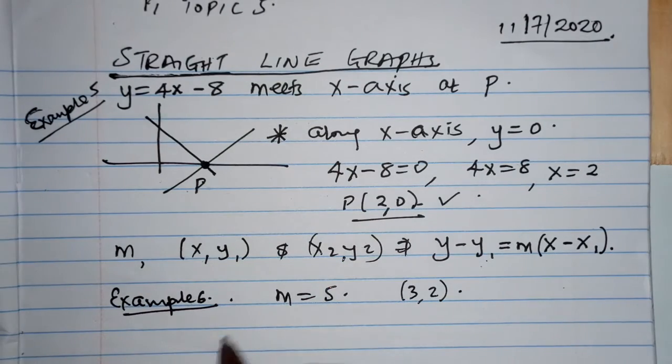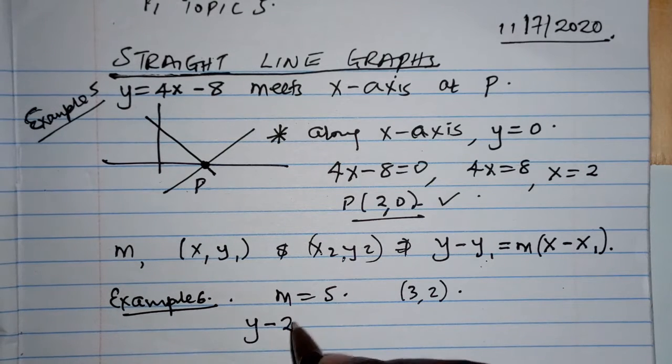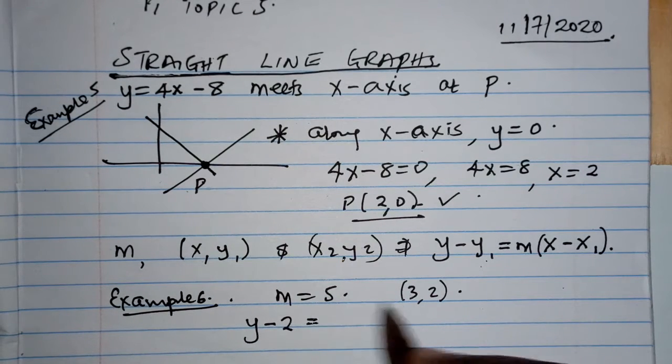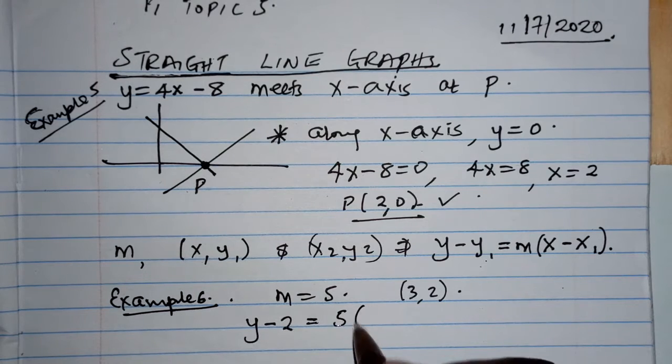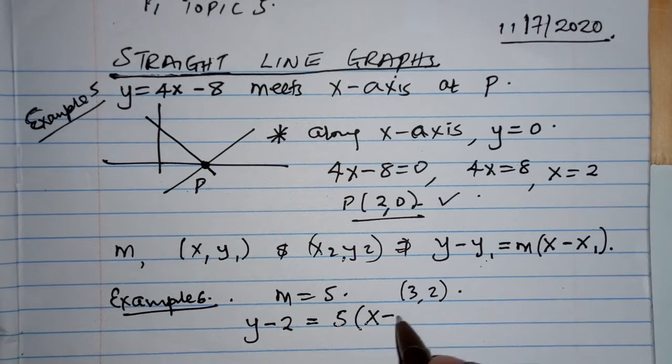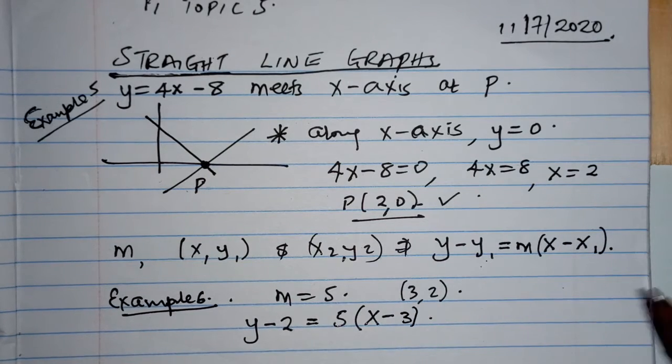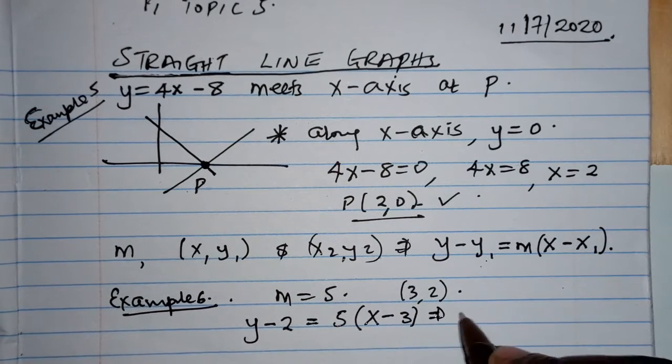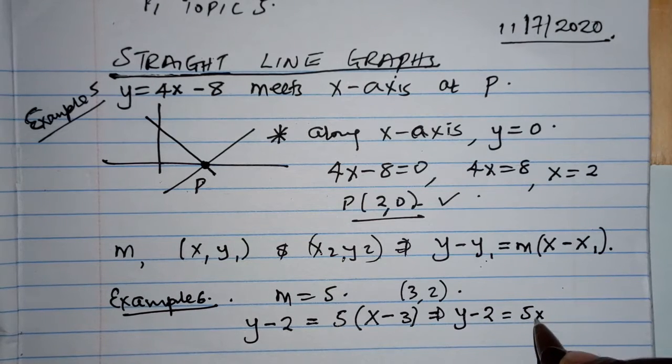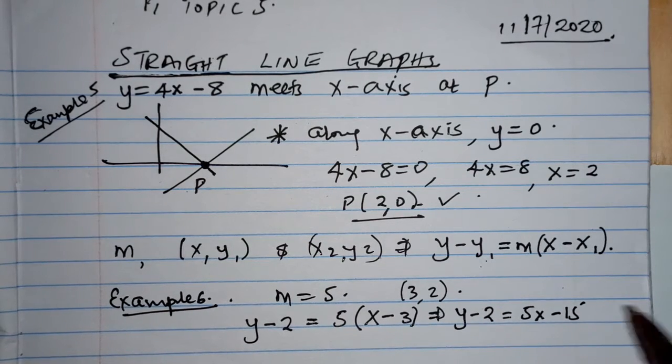Using this formula, we introduce a general y minus y1, which in this case is 2. We don't have a choice. This equals the gradient, which is 5, multiplied by a general x minus x1, which is 3. Expanding this, we have y minus 2 equals 5x minus 15.